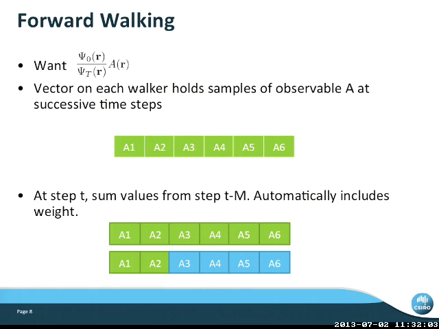And the idea is, instead of calculating the asymptotic number of descendants and then weighting your value by it, you can do it automatically. So all you do is you say, well, let's have a vector associated with each walker, and this is my sample of my property A at step 1, at step 2, at step 3, and so on. And then as the walkers branch, this vector gets copied with the walkers.